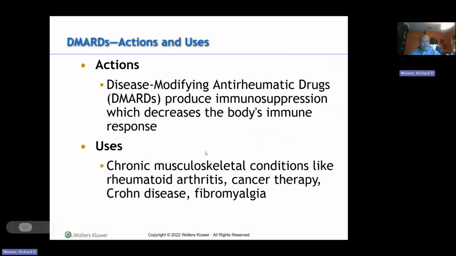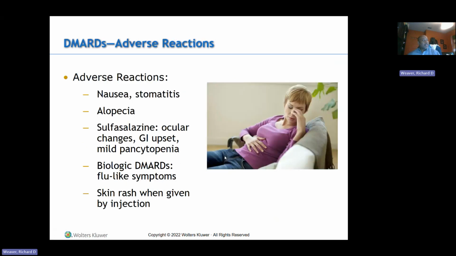Now, some of the adverse reactions here, these are your immunosuppressive drugs. They can lead to nausea, stomatitis, alopecia, or hair loss. If you look at some of the chemotherapeutic drugs, we know that the primary goal is to prevent cancer cells from multiplying.